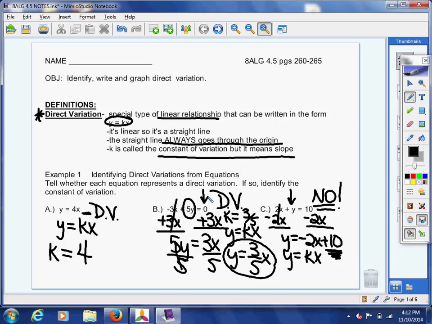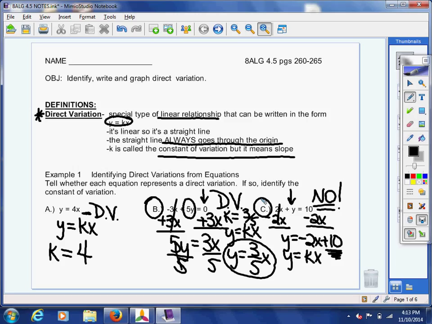So one hint, and if you want to write this towards the bottom of your page, because I have no space left to write this for you without making it too blobby: if you have an equation that's in standard form, like B and C, and your standard form is set equal to 0, it's a direct variation because we want that constant to be 0.